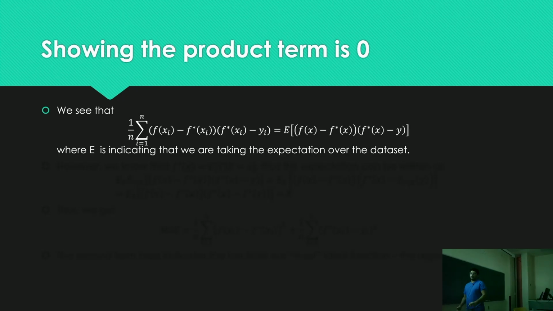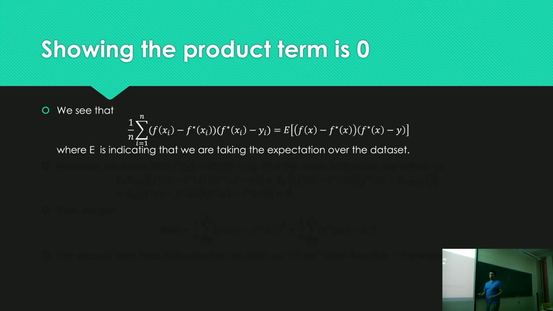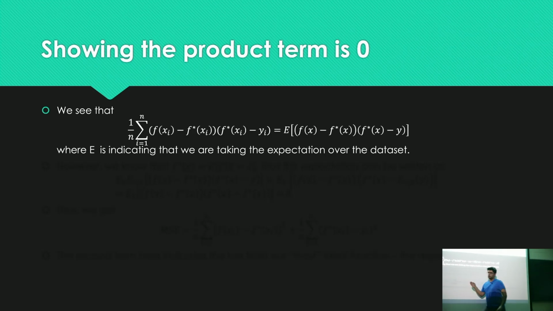Remember I talked about expectation: if you're talking about the expectation of a function, it's the function's output times the probability of that input. Well, you could also think of this sum as over the data set. It's like the expectation of this product on the inside, where we're doing this expectation over all values in our data set.